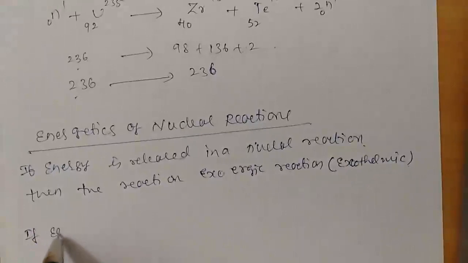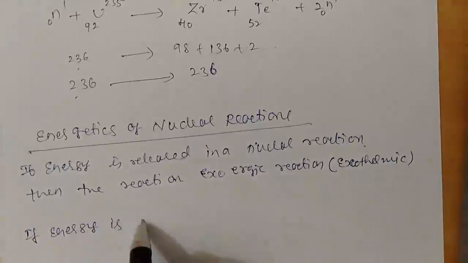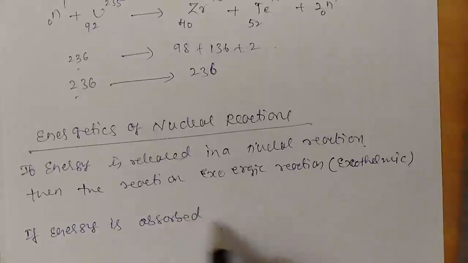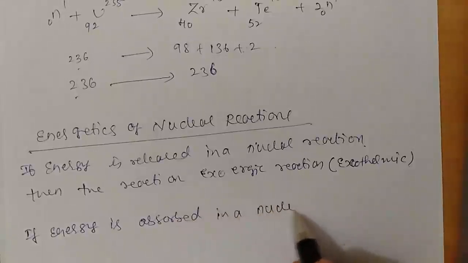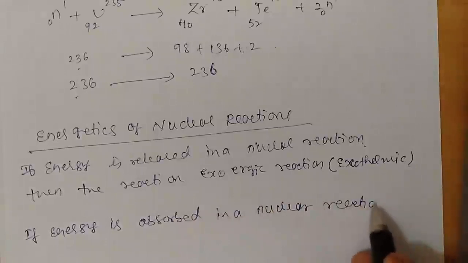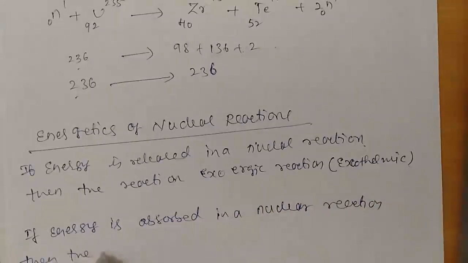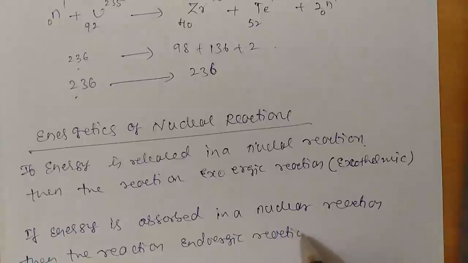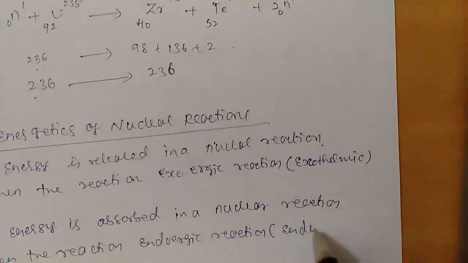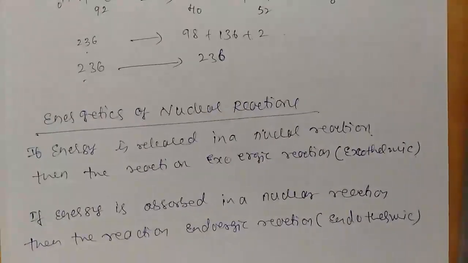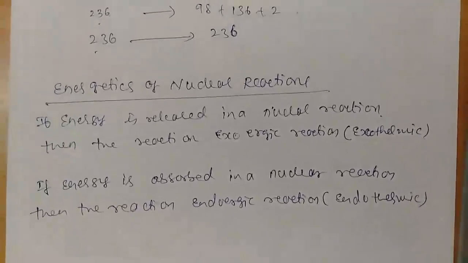Suppose in a nuclear reaction energy is absorbed, then such a nuclear reaction is called an endoergic nuclear reaction, which is also called endothermic, where heat energy must be supplied, that is, heat energy is absorbed in the nuclear reaction.